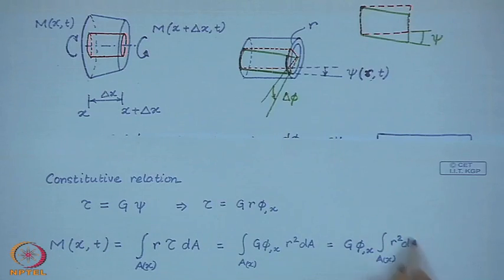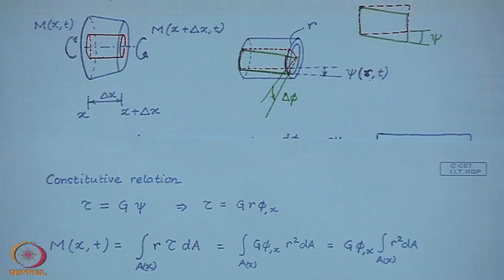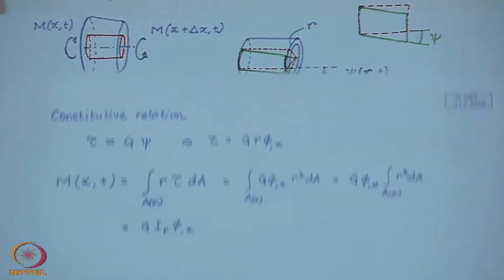And we can easily identify this integral as the polar moment of the area. So, now I have related the torque at any cross section in terms of the torsional displacement.